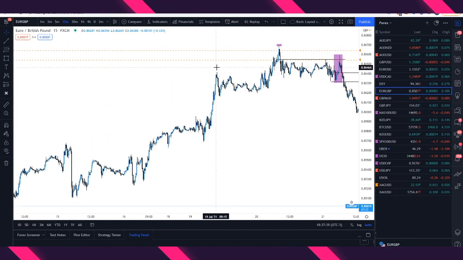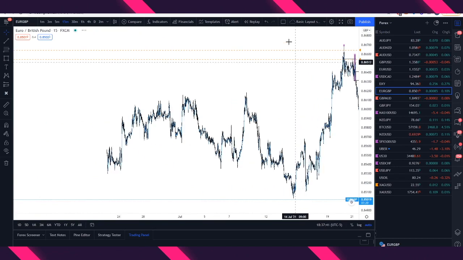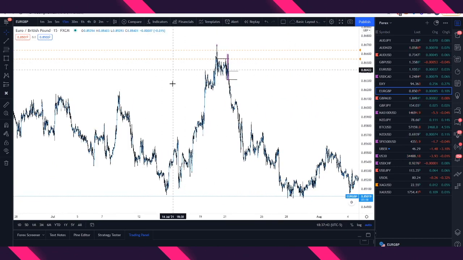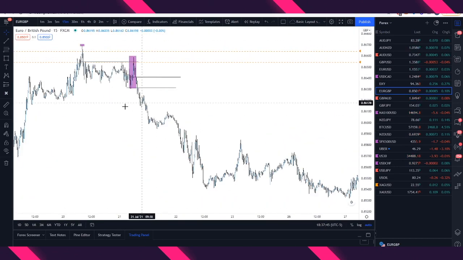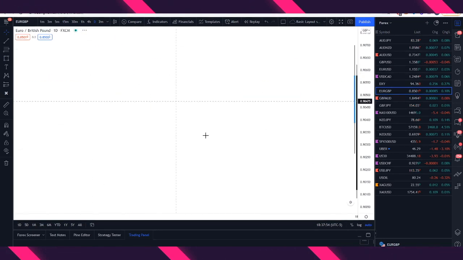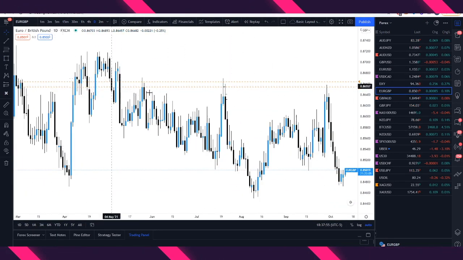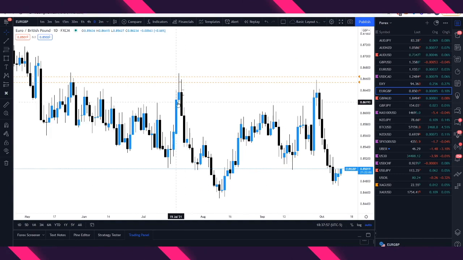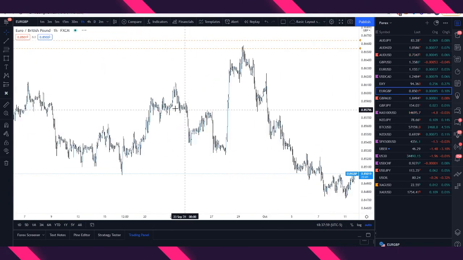When price on that daily reached up and then sold off, not a lot of sell orders could be filled in here. You have that same imbalance. We're seeing it right here, and right here.